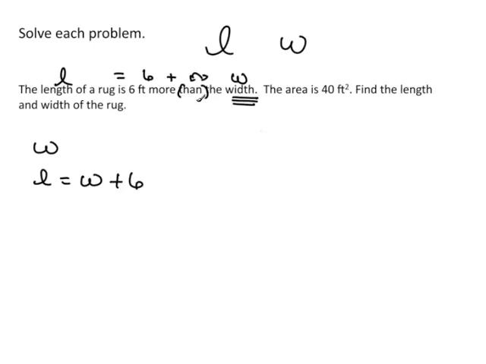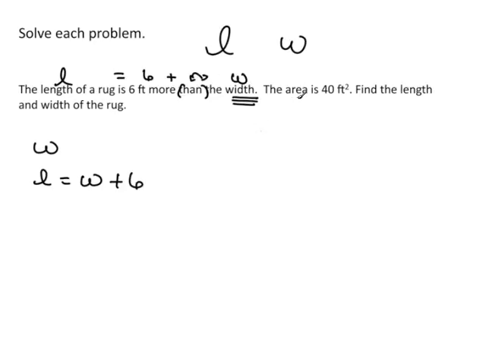When we're working with addition, it really doesn't matter, because 6 plus W and W plus 6 give you the same answer. But when we're working with subtraction, it does matter. 6 minus W is not the same thing as W minus 6. So get in the habit whenever you see the word than, that you're going to switch the order, and that way you don't have to worry about it.